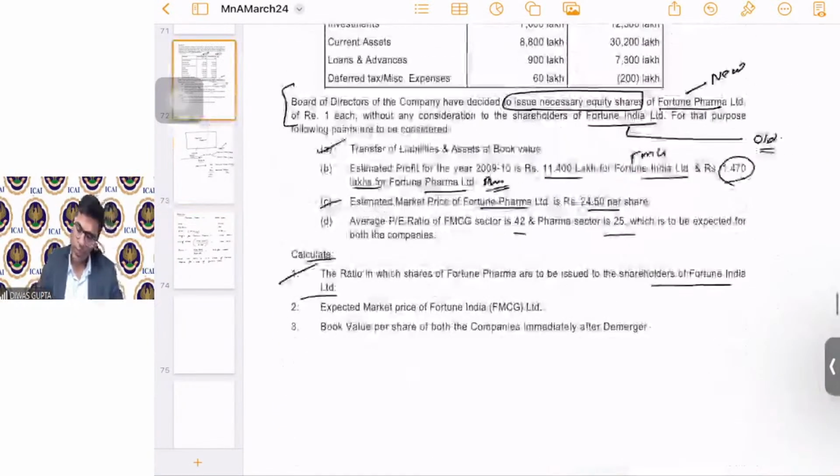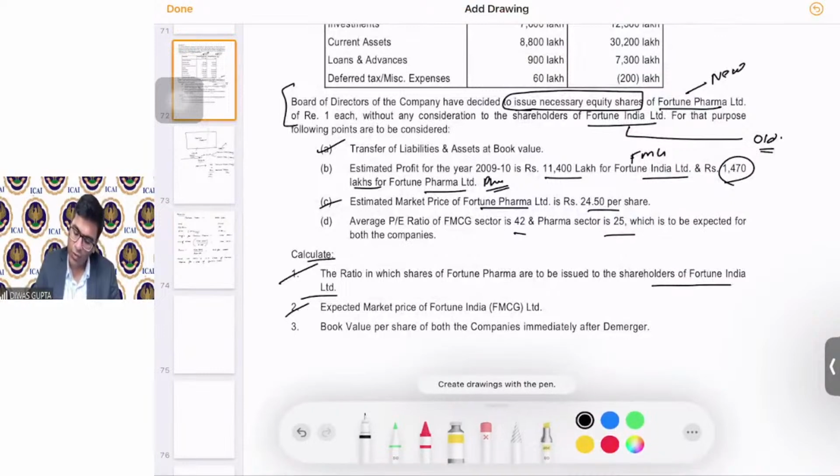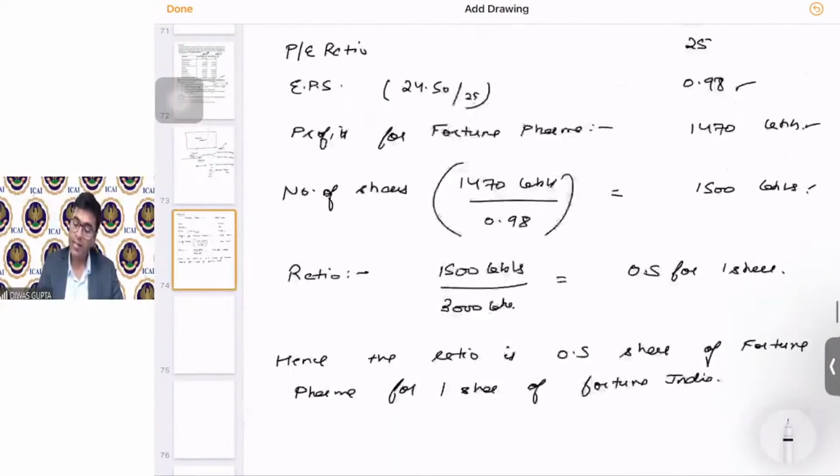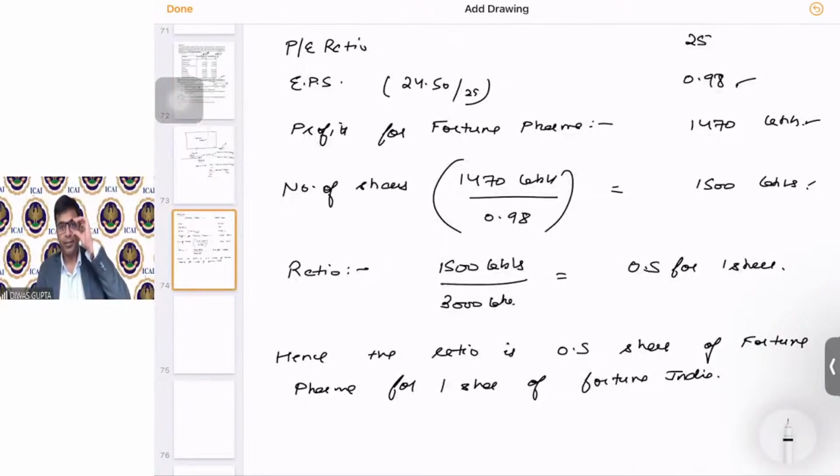Now let's come to the second part, the expected market price of Fortune India. They are also asking us to calculate, once this demerger happens, what the expected market price is going to be. So can anyone tell me how we can arrive at it, students? It's very easy. Just try.